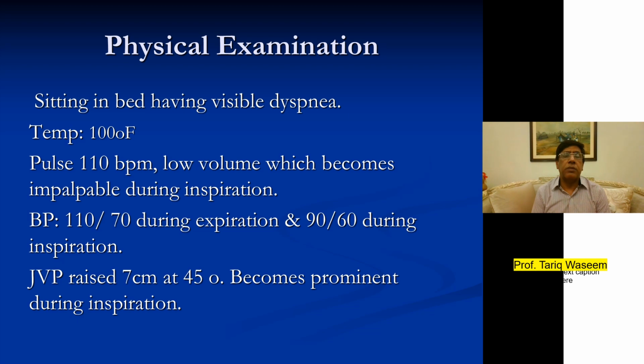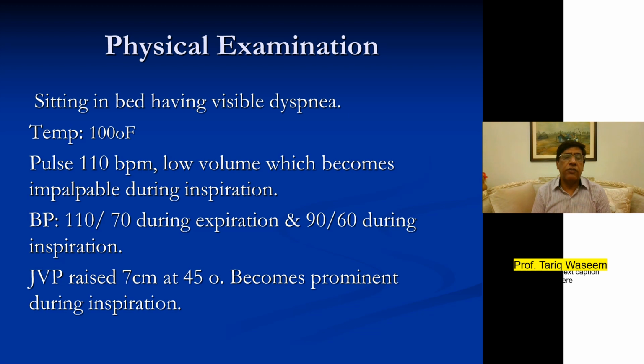The pulse volume would decrease during inspiration and would be a bit higher during expiration. And similarly, when his blood pressure was recorded during the expiratory phase of respiration, it was around 110/70, but it dropped to around 90/60 during inspiration. Now, this is a very characteristic type of finding.